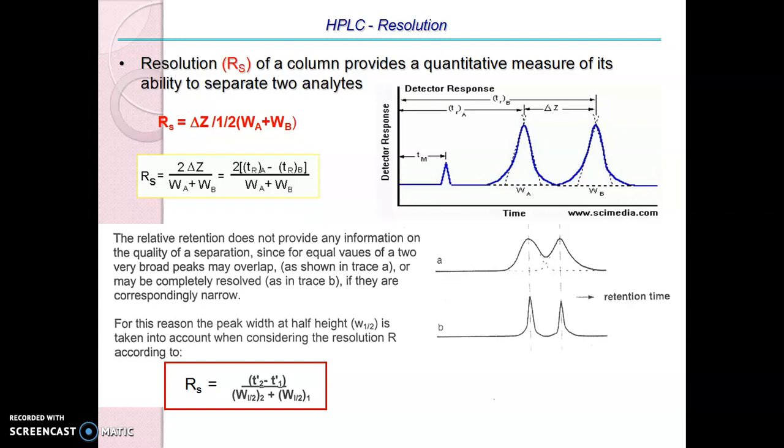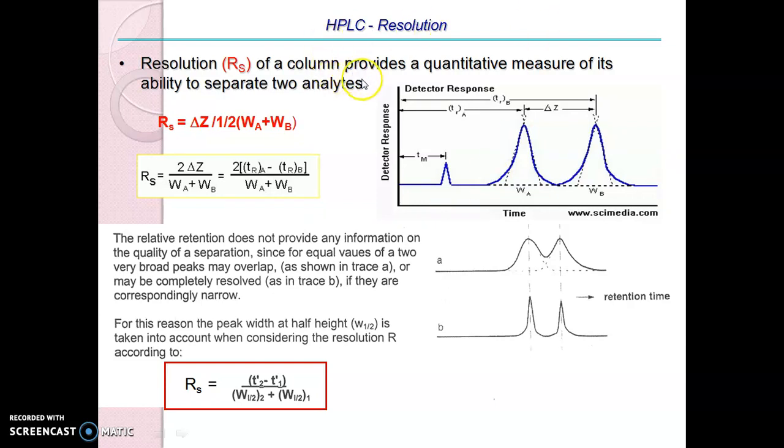Resolution is a function of column efficiency and is specified to ensure that closely eluting compounds are resolved from each other, to establish the general resolving power of the system, and to ensure that internal standards are resolved from the drug.